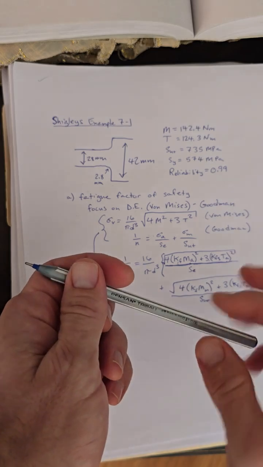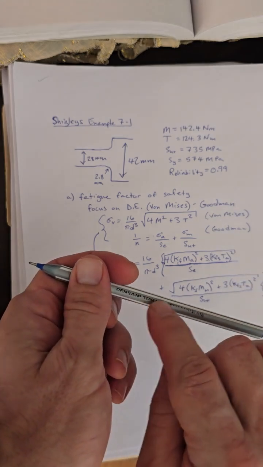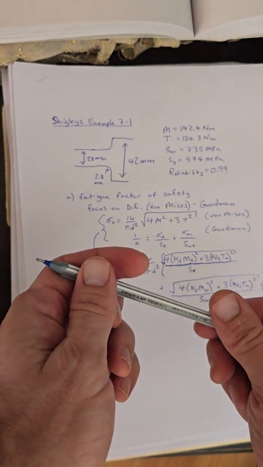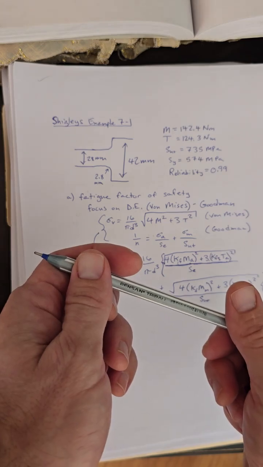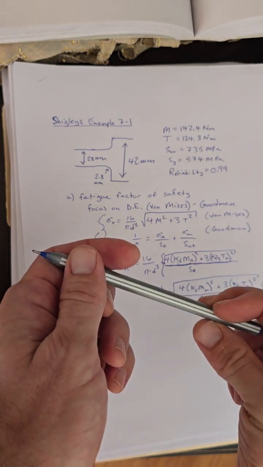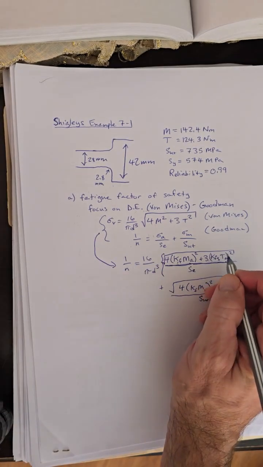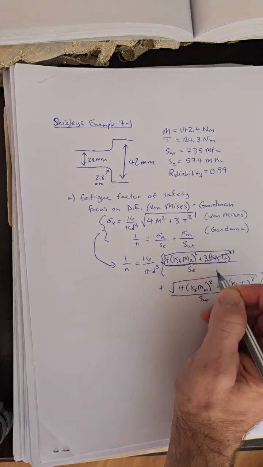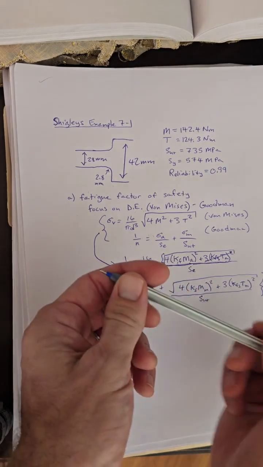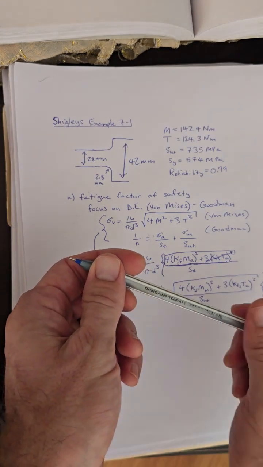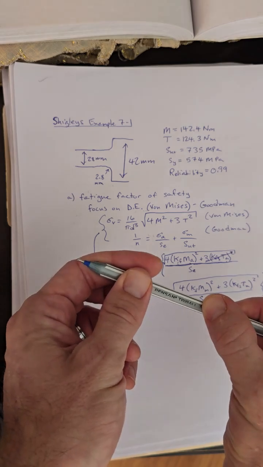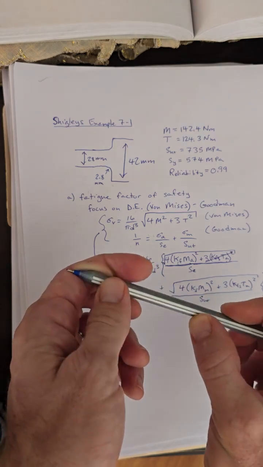We do have alternating moment because the point that we're interested in, for example, these letters, is flipping from top to bottom. So it's flipping from compression to tension, back and forth. So we don't have any alternating torque, so we can get rid of this term. We also don't have any constant moment because the bending moment is entirely compression, then entirely tension.